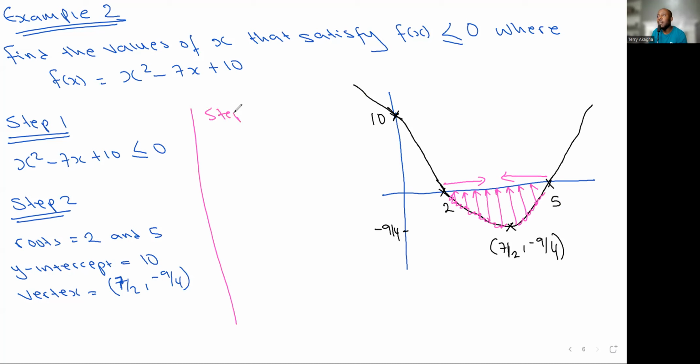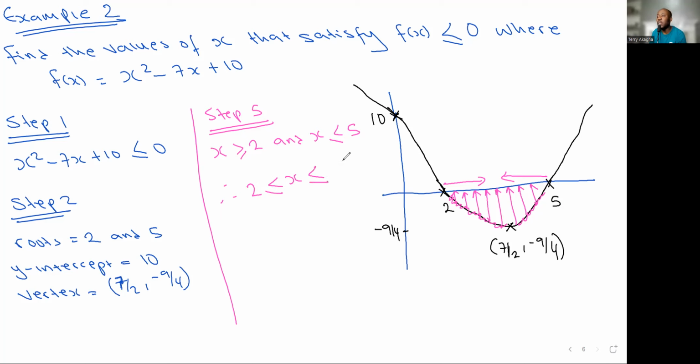So that means step 5, I can now write that the answer for this is x is greater than or equal to 2, and also x is less than or equal to 5. So I can write this together as 2 is less than or equal to x, less than or equal to 5. Remember, I said if you swap the sign.